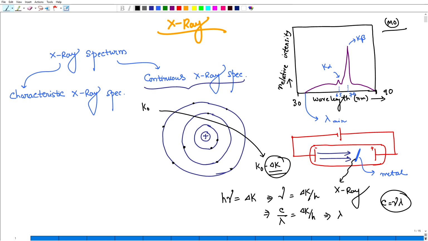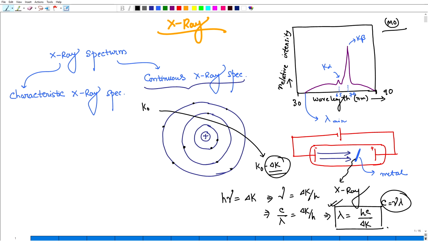From here we can write lambda equals h c by delta k. This will be the wavelength of the emitted X-ray photon. So if delta k increases, the energy increases, the frequency will also increase, and obviously lambda, the wavelength, will decrease. We can see it from here as well.